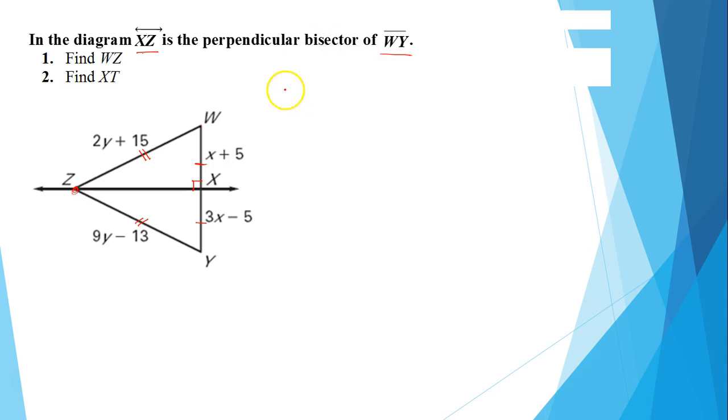First, we have to find what y is equal to. If we know WZ and ZY are congruent, we can set up 2y plus 15 equals 9y minus 13.